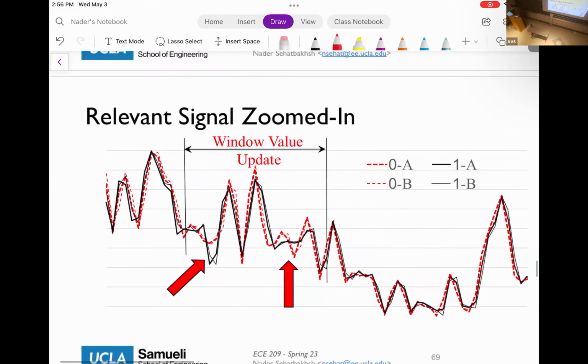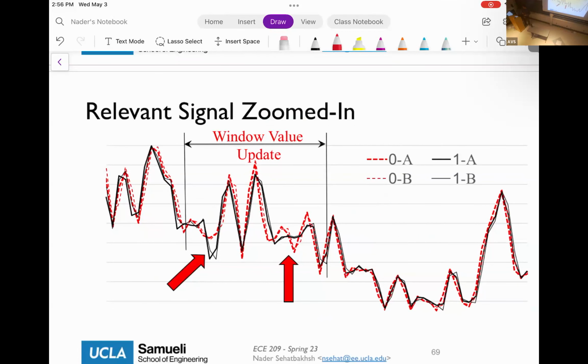They run it with different inputs, 0 and 1, on two different devices, device A and B. As you can see, the red ones are matching each other, and the black ones are also matching themselves.